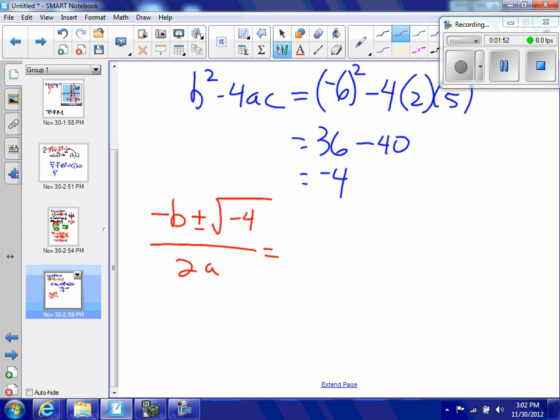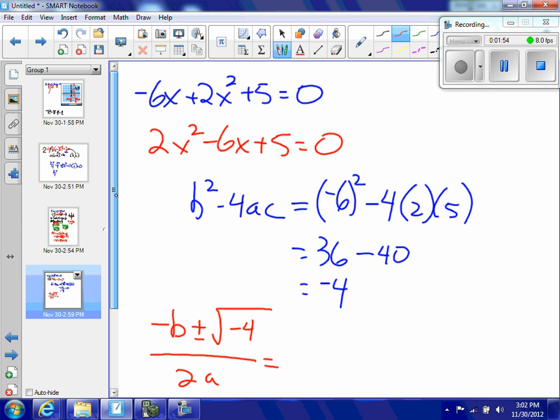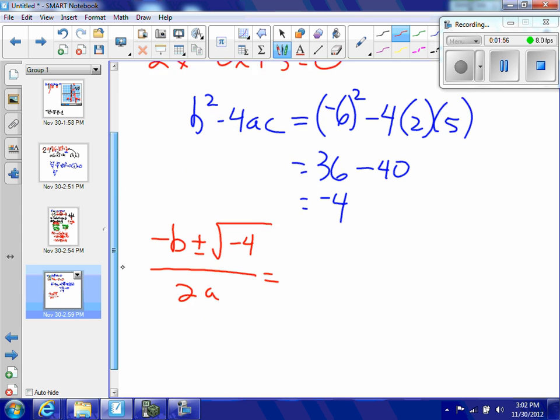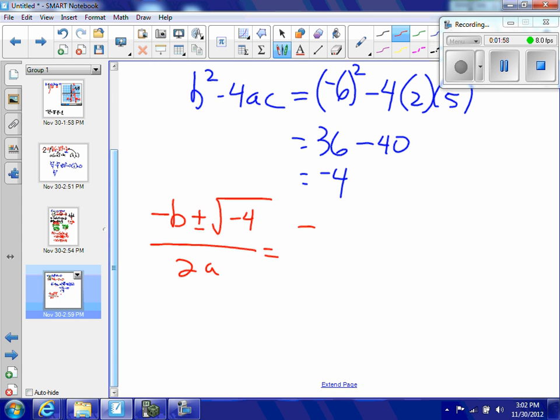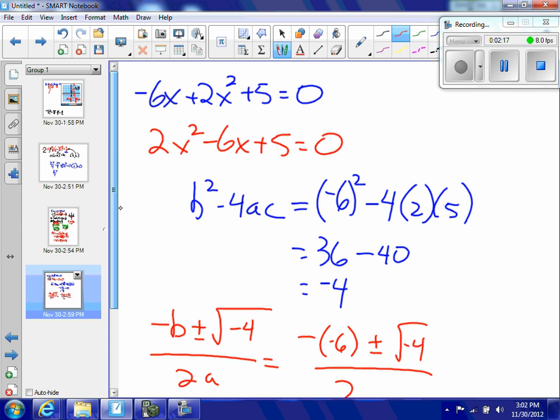Well, negative b would be negative negative 6. Is that right? Yep. Plus or minus the square root of negative 4 all over 2 times, what was my a? My a was 2.